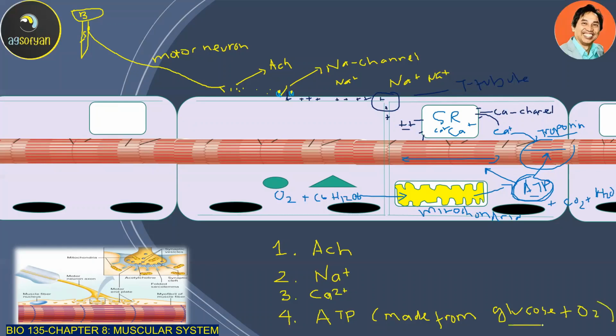Okay, so these are also molecules or chemicals needed for muscle contraction. Really important: acetylcholine, sodium, calcium, ATP made from glucose and oxygen.